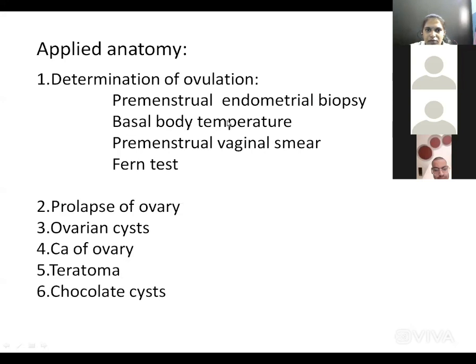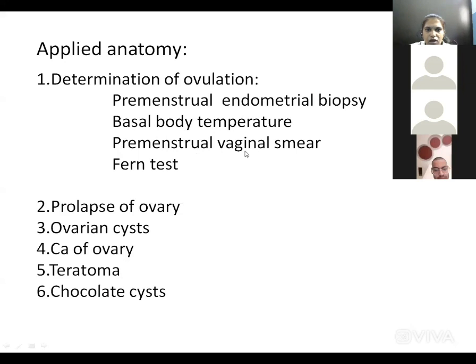Now second test, basal body temperature, that is after ovulation. Body temperature rises by 1 degree Fahrenheit and it remains raised up to 24 to 48 hours before the starting of menstruation. This is the second test that ovulation has occurred.